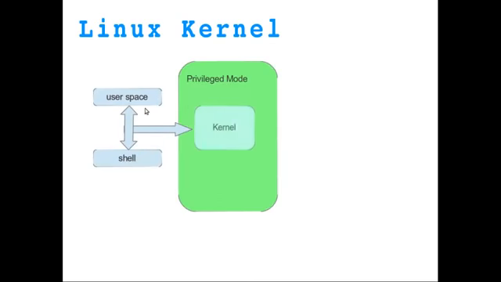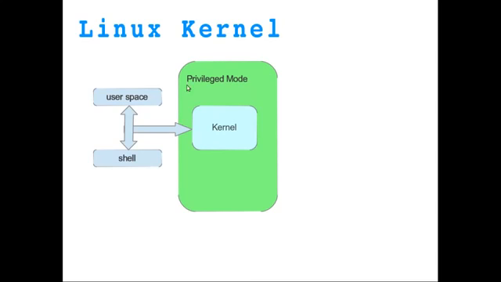Earlier I said that the user space and the shell programs talk to the kernel by making requests. But I should mention now that the kernel runs in a very privileged environment, in that it can access any aspect of the computer at any time, access the full range of memory, and talk to all the hardwares attached to your computer.